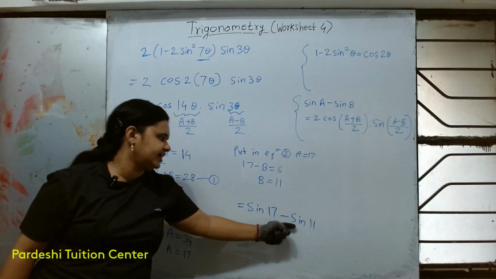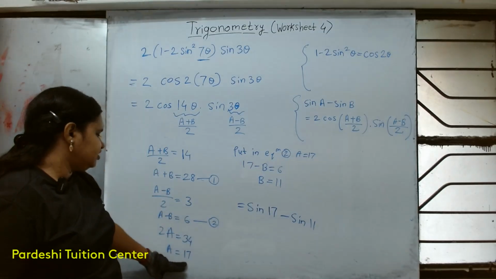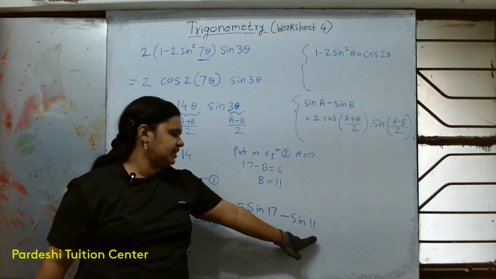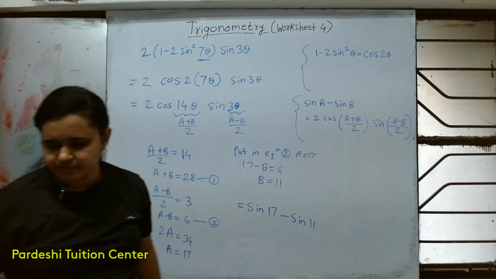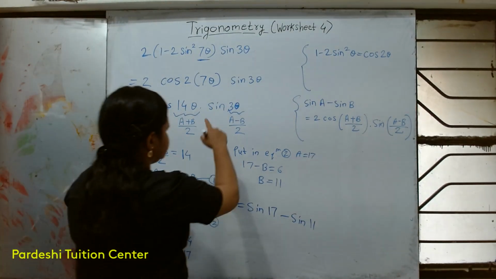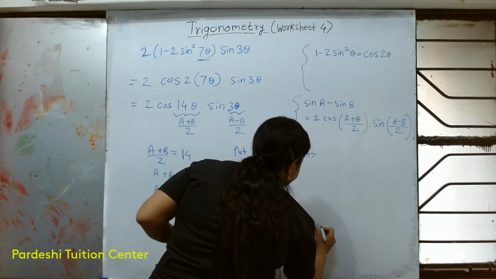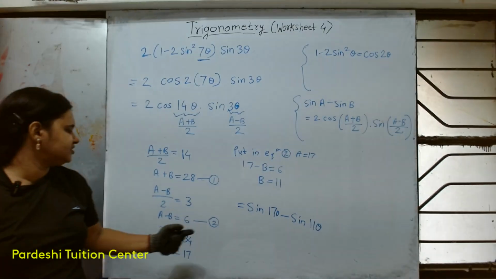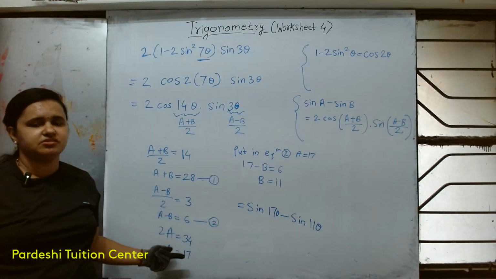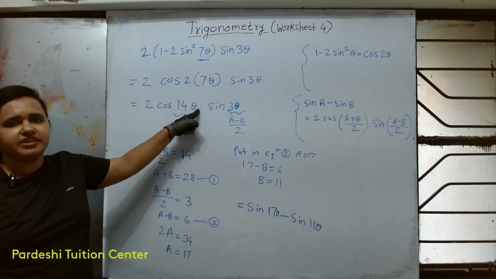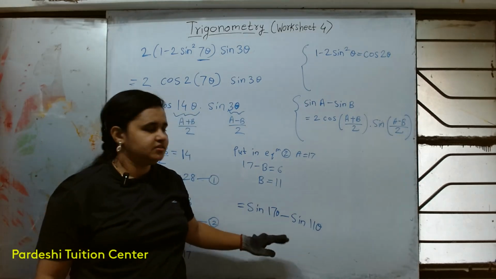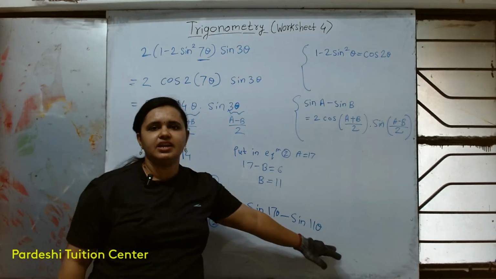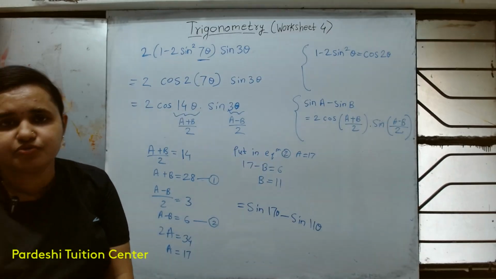The value of a was 17 and b is 11, so this is our answer. Here theta was also there, so it will also be theta. We have not taken the value of theta in calculations, that theta was present already. So, we have to write theta here: sin 17 theta minus sin 11 theta, okay. So, the option is the first one.